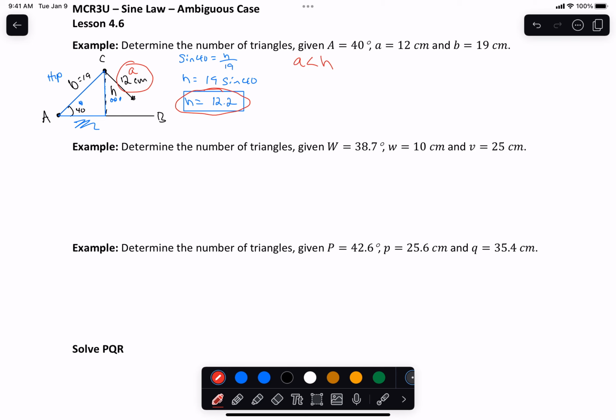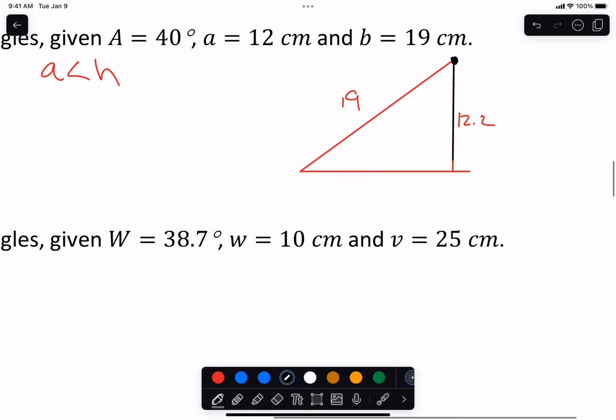Because if I swung it down here and drew another triangle, if I took that side length A that was provided to me in the question, it's only going to go to there. Can we see that or no? It stops short of the bottom. So we don't get a triangle because A is less than H.